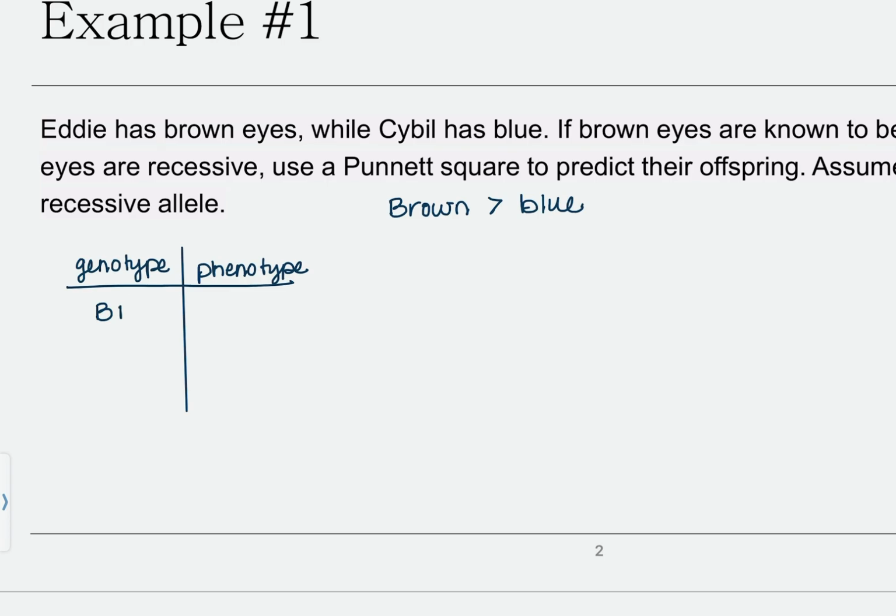So we could have two dominant alleles and have brown eyes. We just need one. So we could also have one dominant allele, one recessive allele, and have brown eyes. And in the event that we have two recessive alleles, then we would have blue eyes.